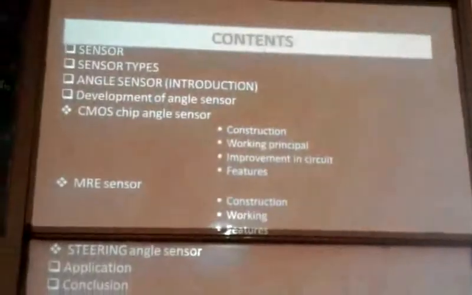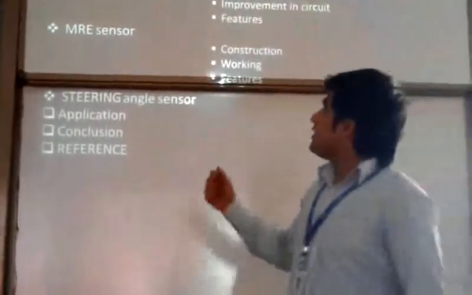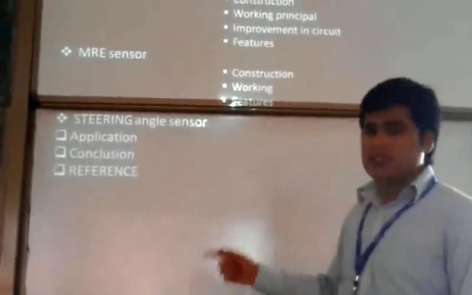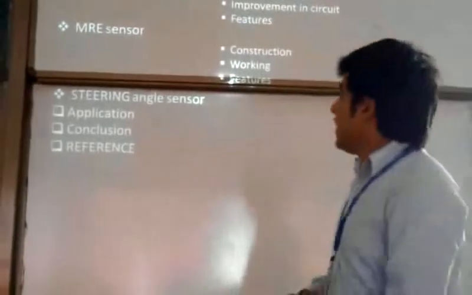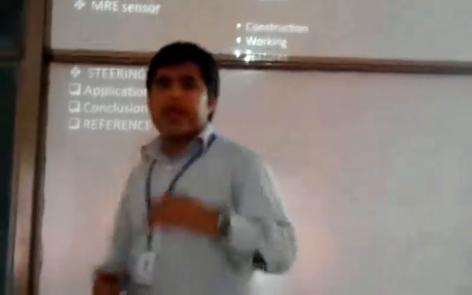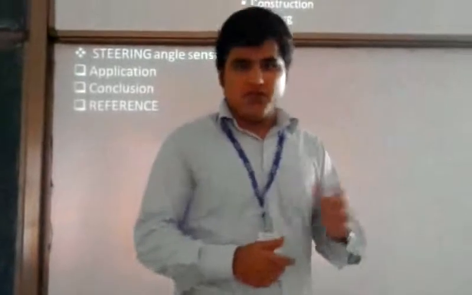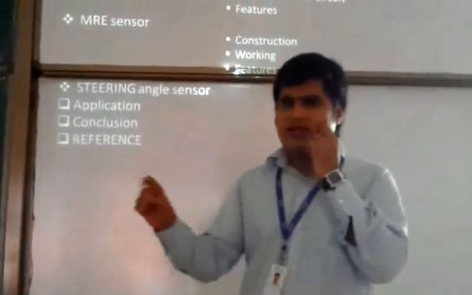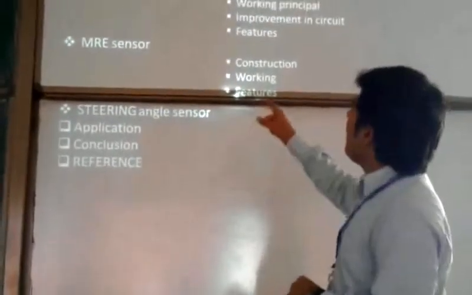This is the content. Today we discuss first the sensor definition, basic knowledge, and then sensor types, which is also basic. Then we come to the point of angle sensor: introduction, definitions, and some small types.